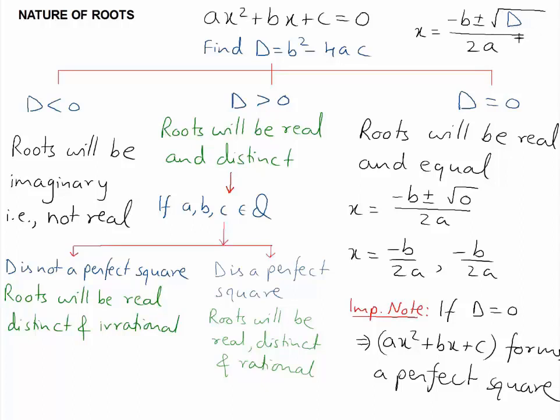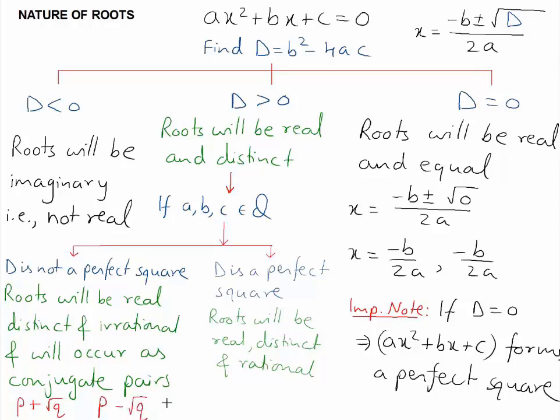So we'll be left with a surd which will be irrational. Not only this, the roots will occur as conjugate pairs. That is, if one root is p plus root q, then the other root will be p minus root q. Now let's do a few problems.